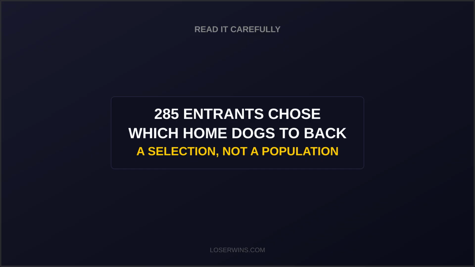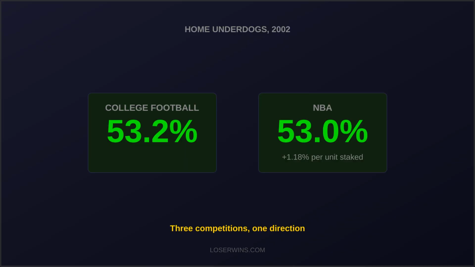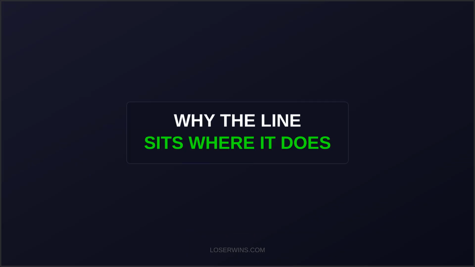He also reports 53.2% for college football home underdogs and 53.0% for NBA home underdogs in 2002. 53.0 returns positive 1.18%. 3 competitions, 1 direction, all of them clustered just past break-even.